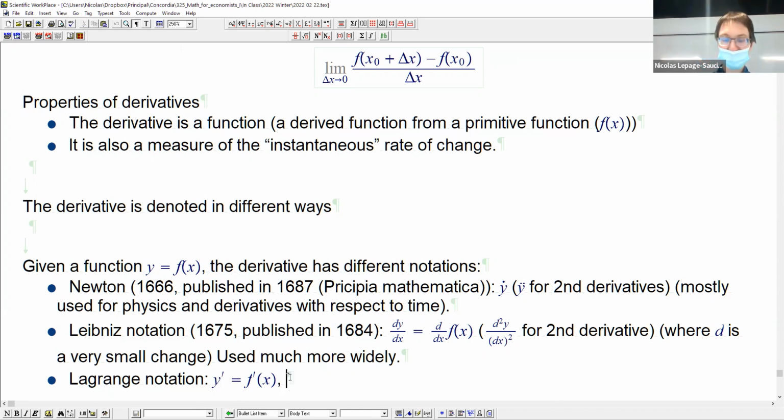For a second derivative, you just use f prime prime of x, or you could also write f2 of x for the second derivative.